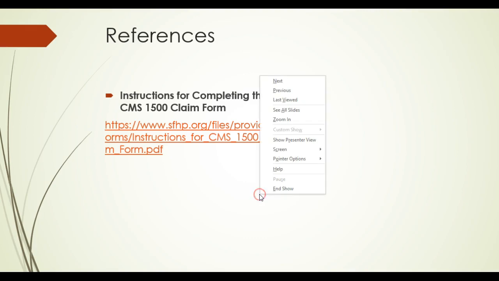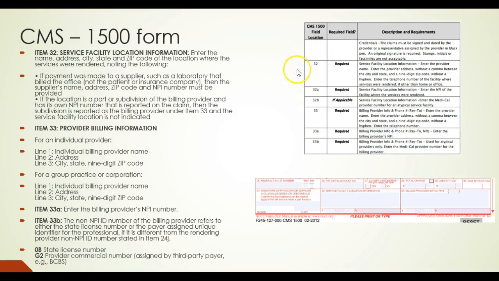Okay, so let's move to items 32 through 33B. Item 32 is service facility and location. So that's where you want to put the name, address, city, and state of your provider. And item 33 is the provider billing information. That's where you would put the individual provider name, their address, and city and state. Now, if it's a group of providers, you will also put that group practice name in there and their address and city and state.